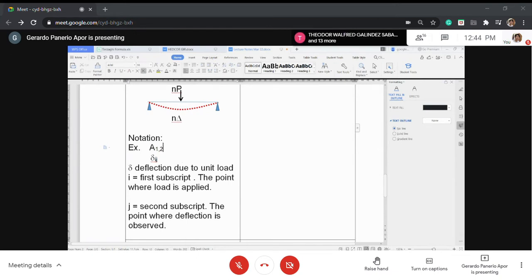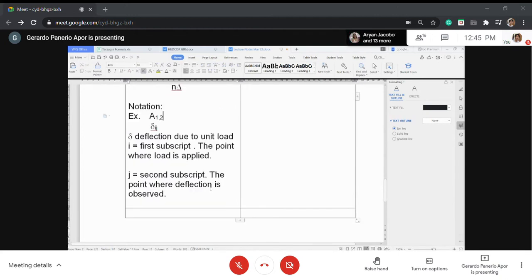But in deflection, we use delta for deflection due to unit load, and what is added is just the two subscripts. The two subscripts I and J: the first subscript identifies where the load is being applied, where the unit load is being applied. The second subscript is the point where the deflection is to be determined, or where the deflection is observed.